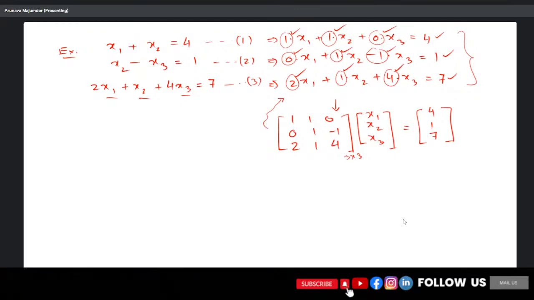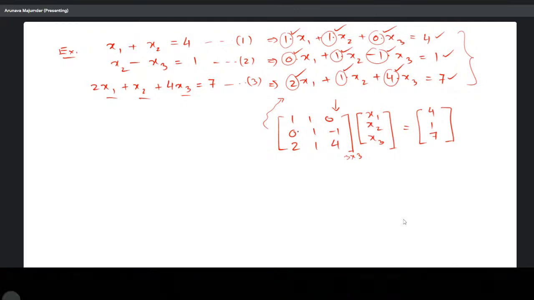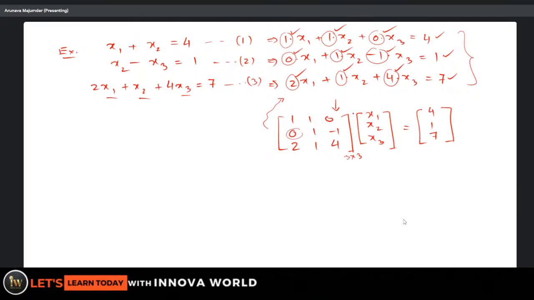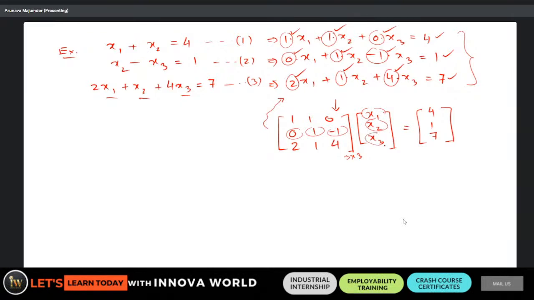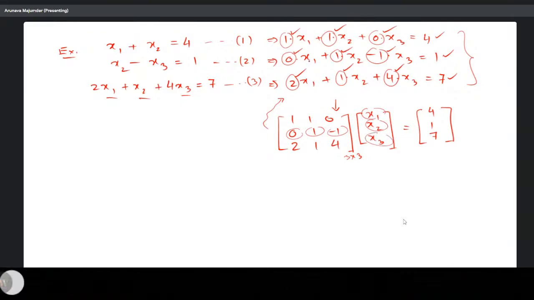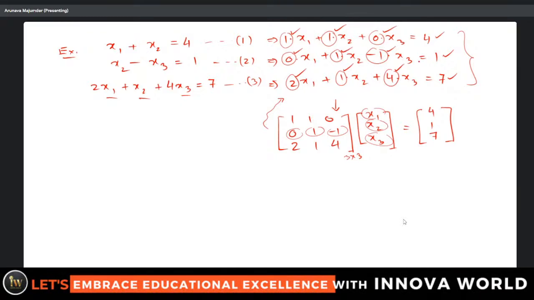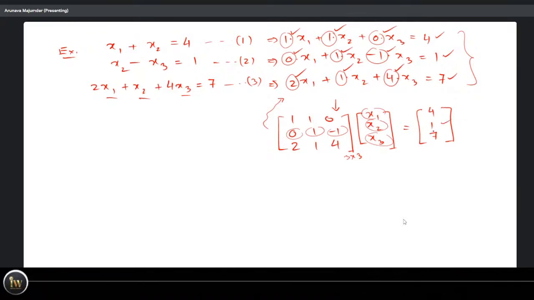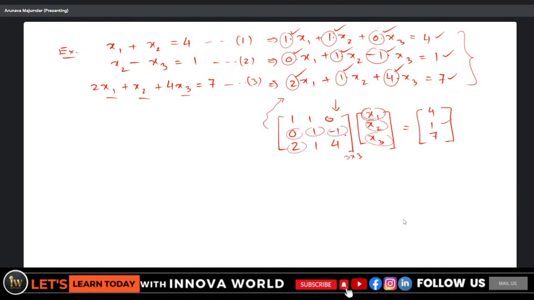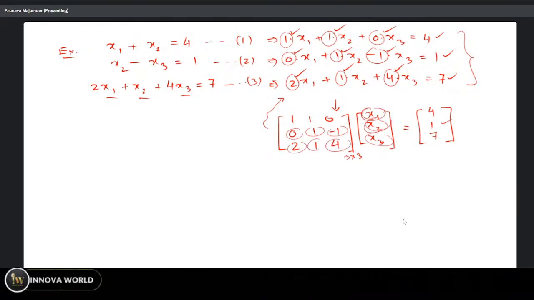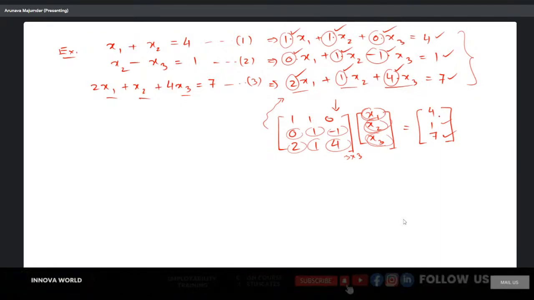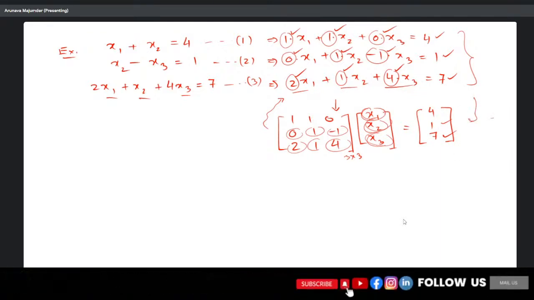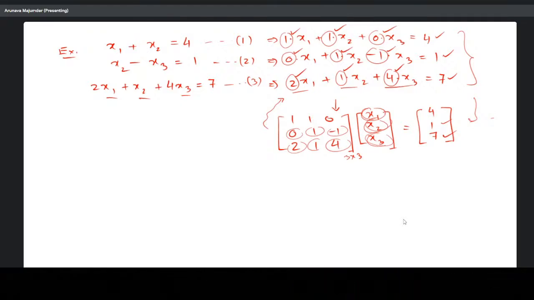In the second row, 0 into x1 plus 1 into x2 minus 1 into x3, and this should be equal to 1. And the third, 2 into x1 plus 1 into x2 plus 4 into x3 must be equal to 7. So this is how this system of equations can be written in matrix form.